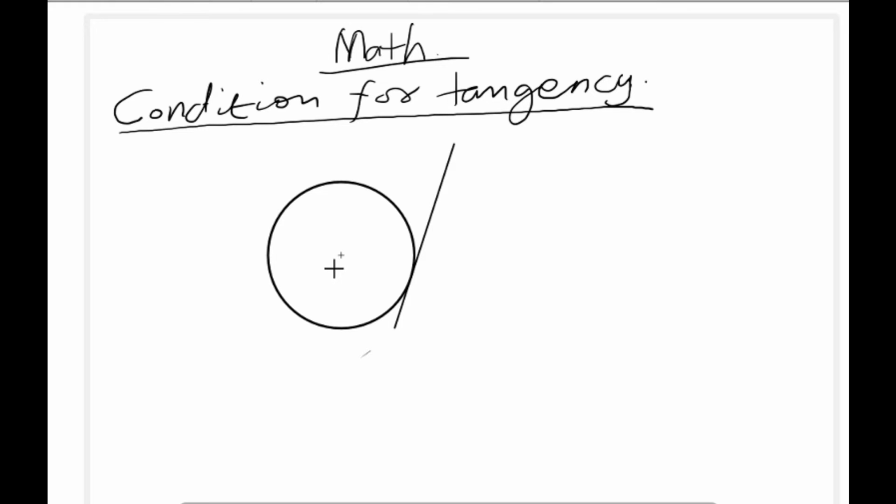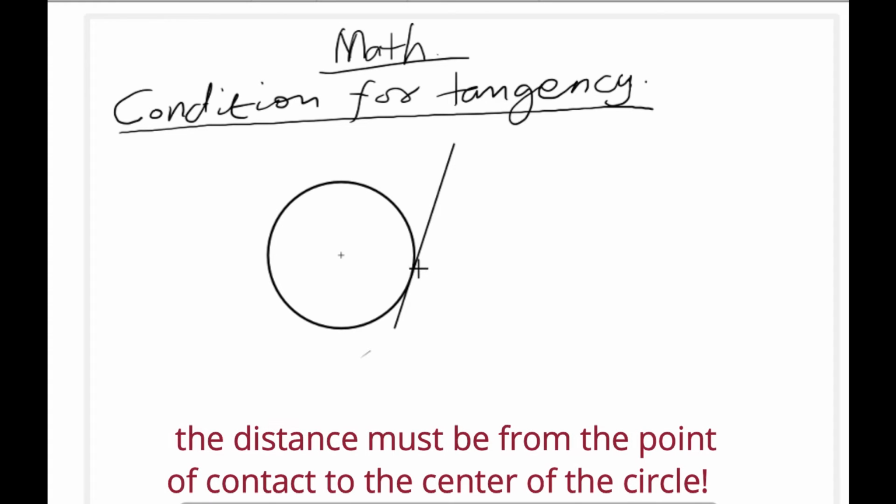After finding the center of the circle, you also calculate for the radius of the circle. After calculating for the radius of the circle, you now come to calculate for the distance from the center of this circle to this line to determine whether it is equal to the radius of the circle.